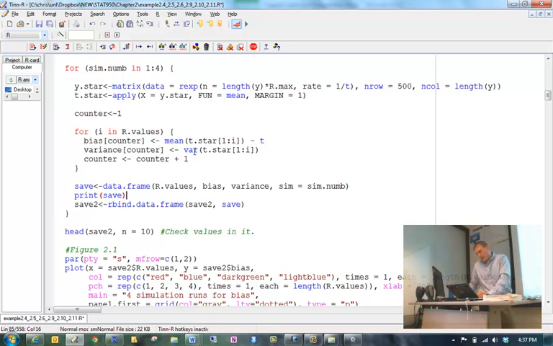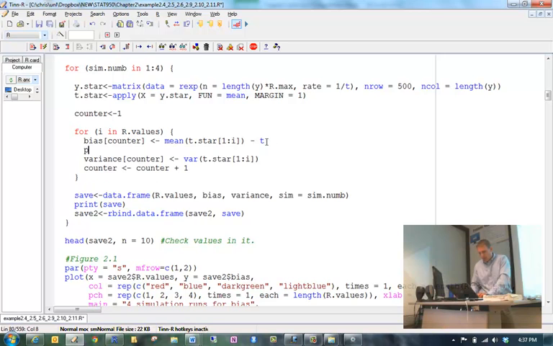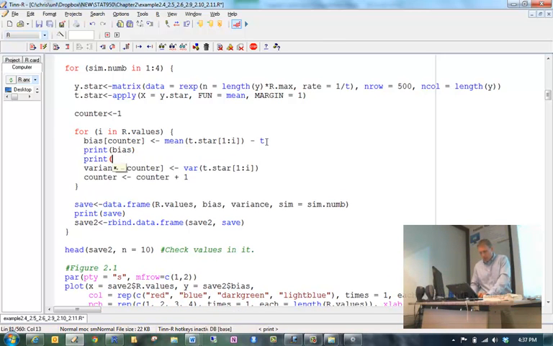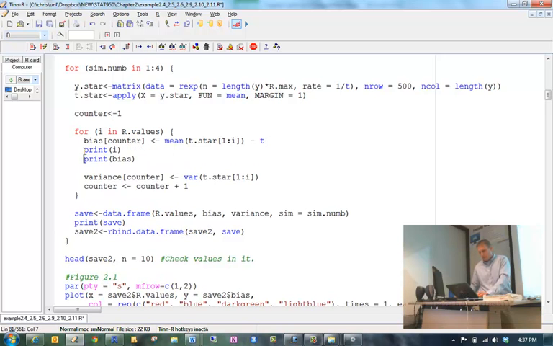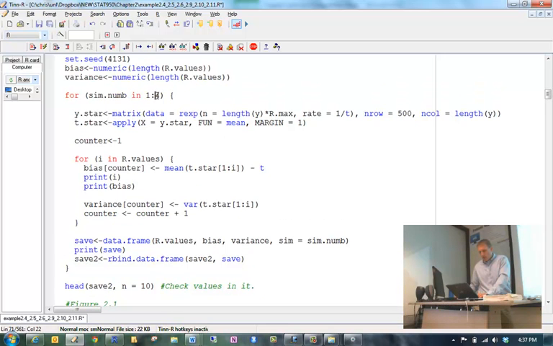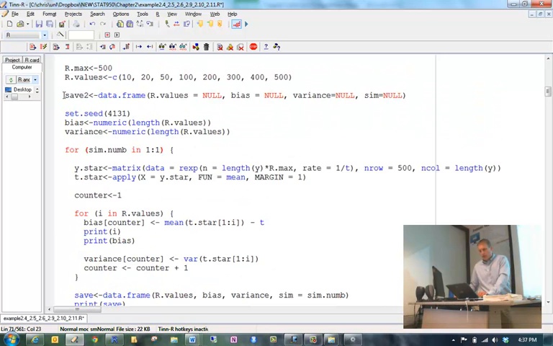So maybe I put print save, print bias, print I, do I first. And let's just do one simulation run just to demonstrate this.